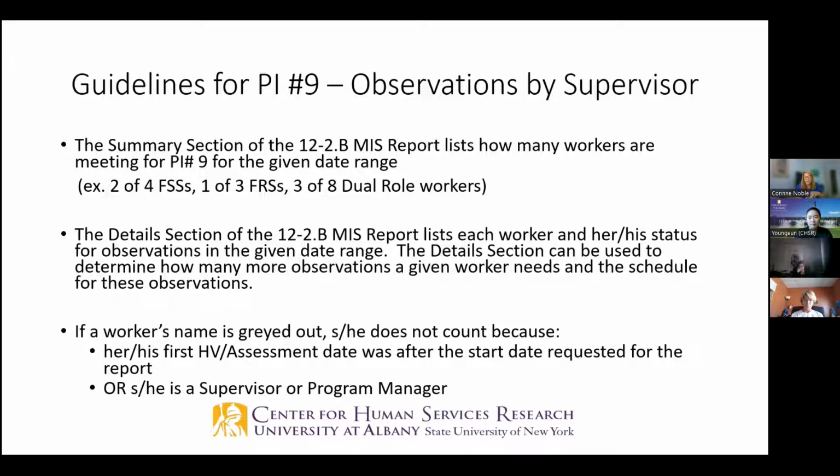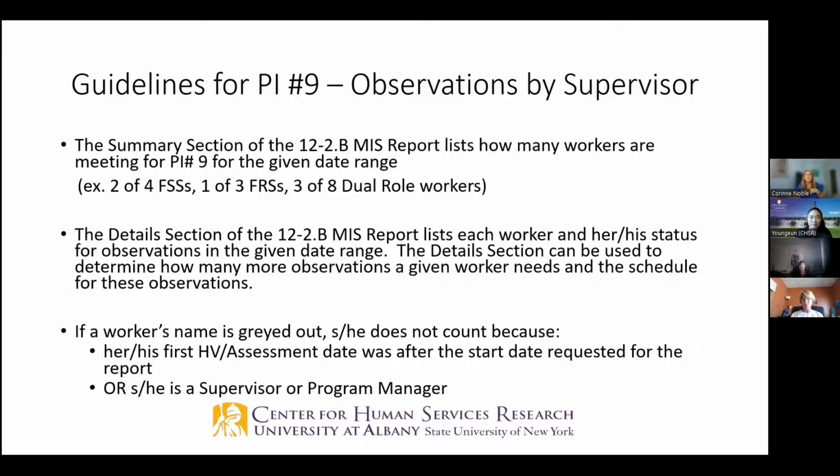We have a program summary at the top, which will indicate those that are counted towards the PI. Because as you might know, we say that new staff or staff that haven't been in their jobs for a year won't be counted, so they're going to be grayed out.